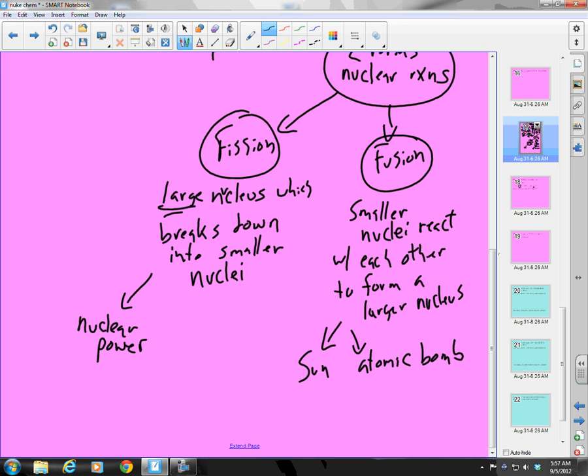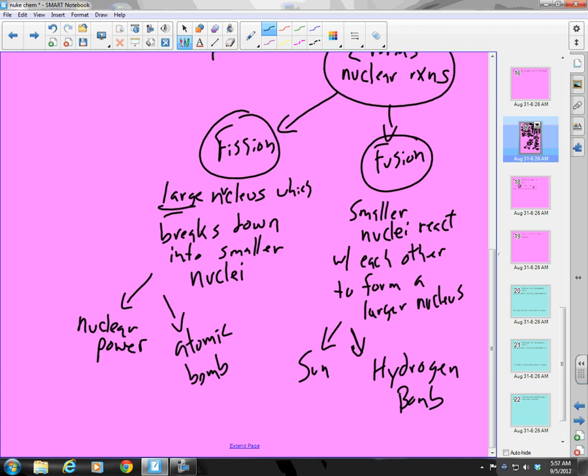The atomic bombs were both fusion bombs. Not the atomic bombs. Sorry about that, folks. The hydrogen bomb. Teller's baby. The hydrogen bomb was fusion. My atomic bombs, Hiroshima and Nagasaki, were fission bombs.